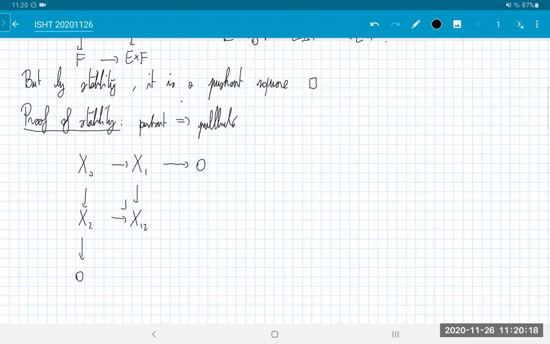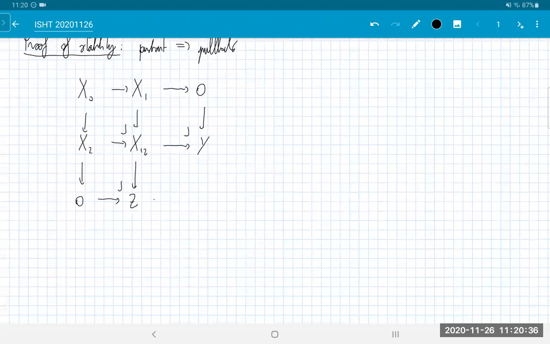Okay, so far so good. And then we take the push-outs here. And that's fine. And then we take further the push-out. I'm going to ask you, what is this push-out?